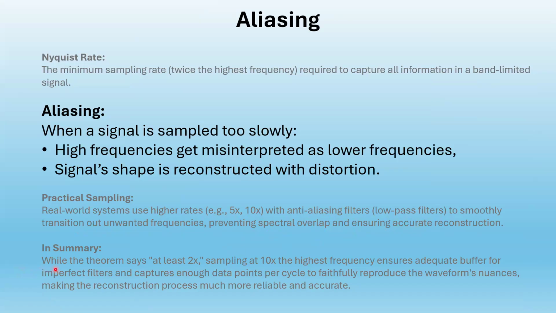In summary, while the theorem says at least 2 times, sampling at 10 times the highest frequency ensures an adequate buffer for imperfect filters and captures enough data points per cycle to faithfully reproduce the waveform nuances, making the reconstruction process much more reliable and accurate.